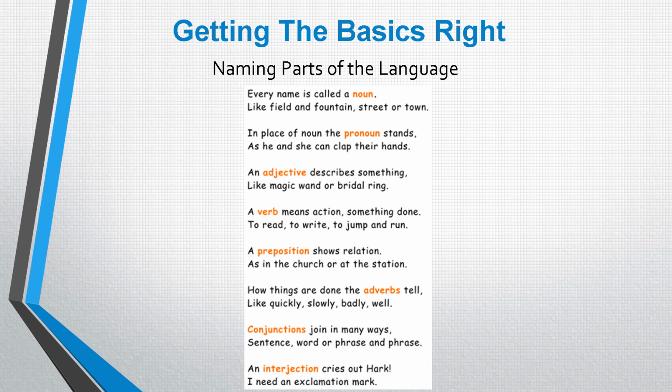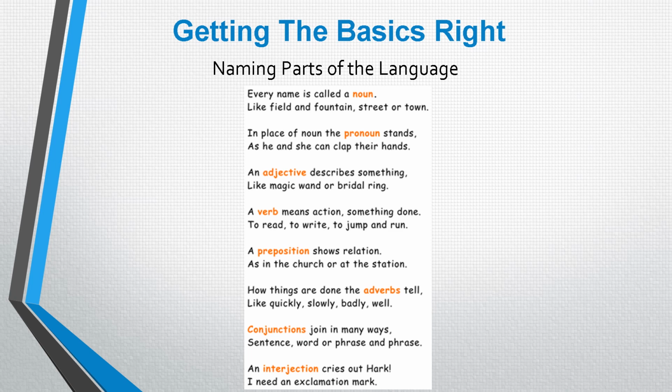using a poem. Here it is. Every name is called a noun, like field and fountain, street or town. In place of noun, the pronoun stands, as he and she can clap their hands. An adjective describes something, like magic wand or bridal ring. A verb means action, something done. To read, to write, to jump and run.